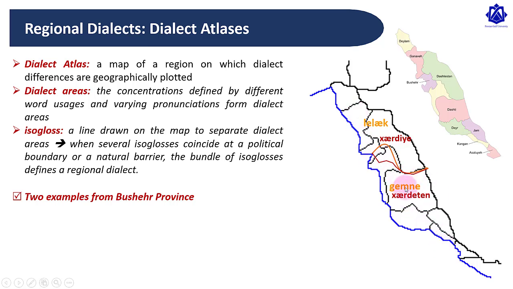But if we look at some Iranian languages, dialects that are spoken here, we can make an isogloss for the lexical variation between lelak and gemne, and another isogloss for the difference between the structure of present perfect, which is different in Dashtestani and in Dashti and Tangestani, but some parts of Tangestan are not using this form.